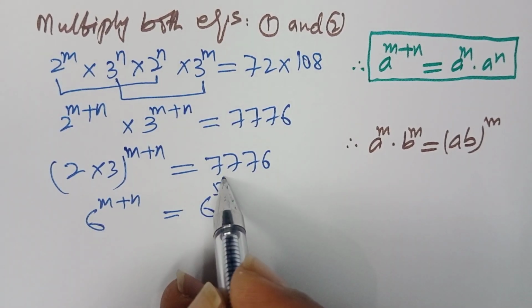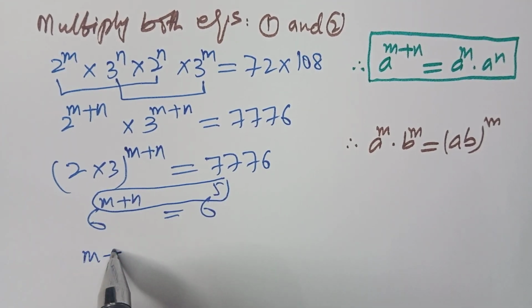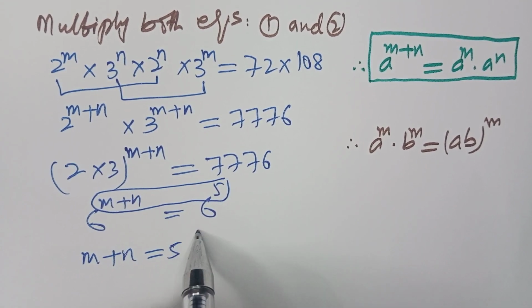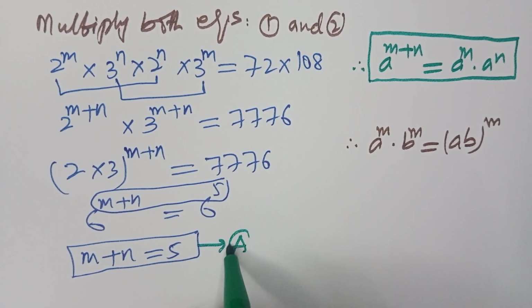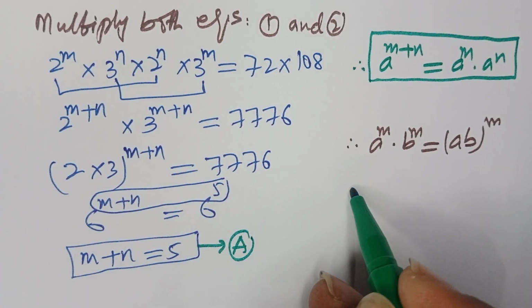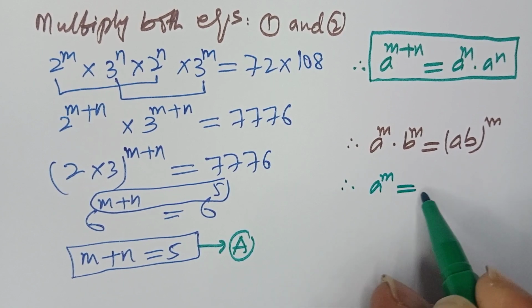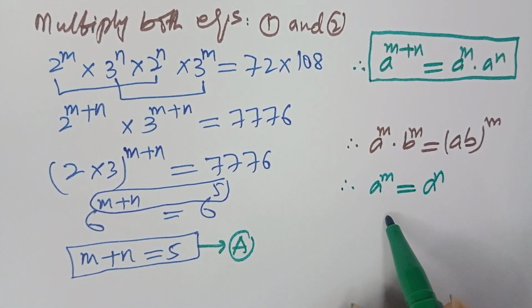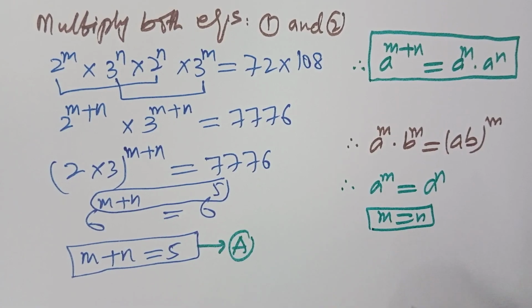Now base same, power equal, m plus n is equal to 5. This equation will be labeled as equation A. This is on the basis of the formula a power m is equal to a power n, it means m is equal to n because bases are same.